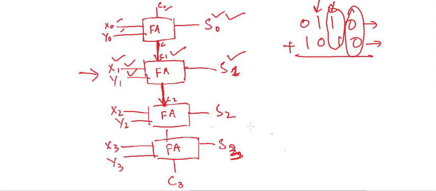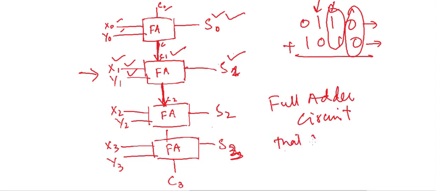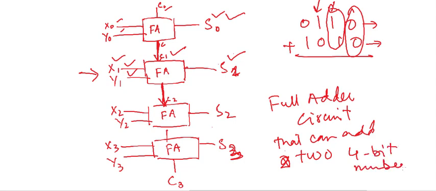So we can see that we have a full adder circuit that can add two 4-bit numbers, right? Two 4-bit numbers. Okay, so I hope you've understood the concept.